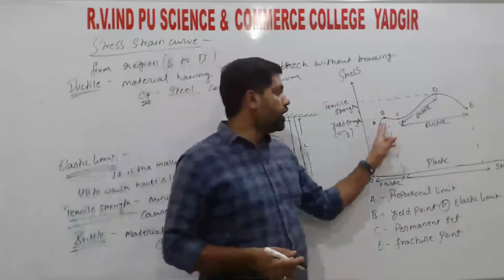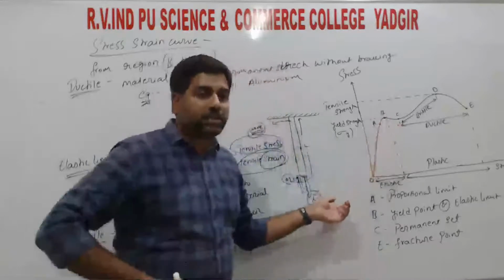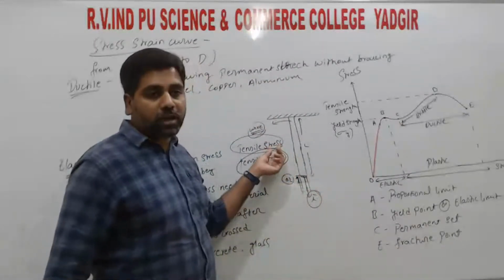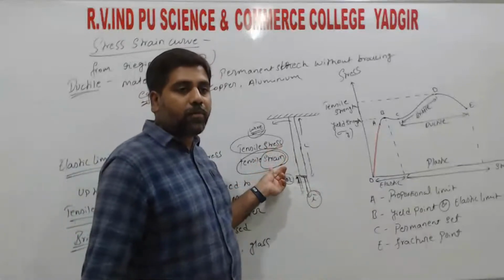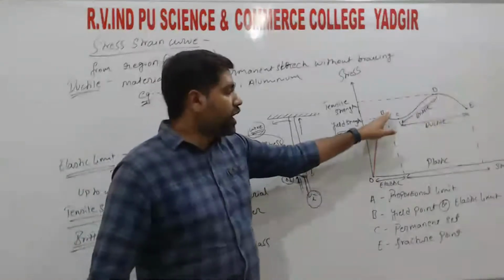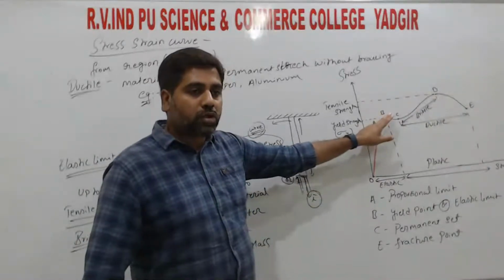Next, from point A to B, for a small change in applied load, as stress changes, strain also changes, but it will not be linear. So here in this region from A to B it does not obey the Hooke's law, right?